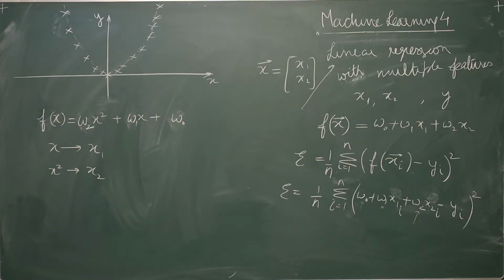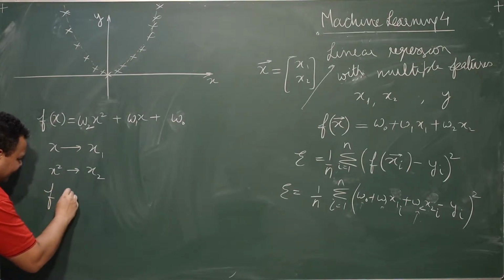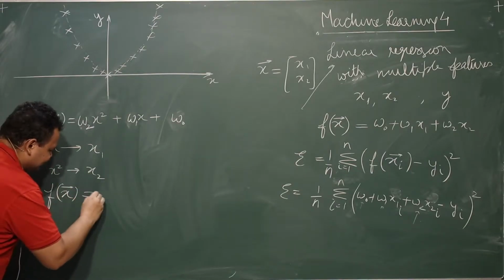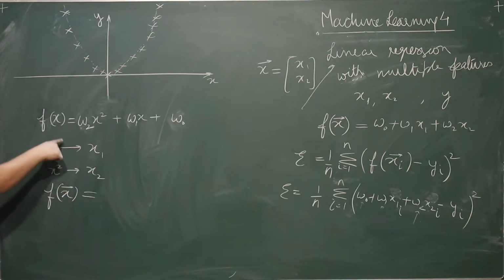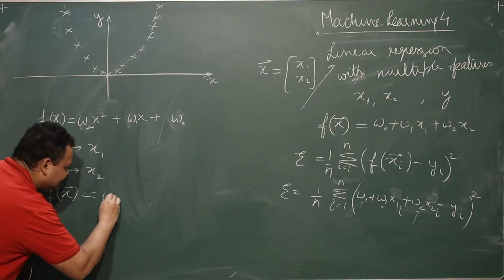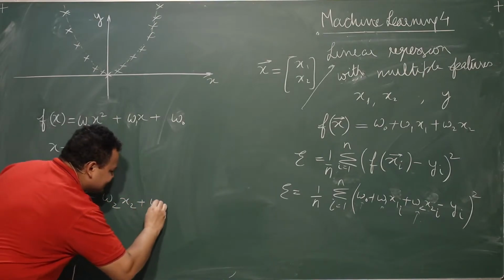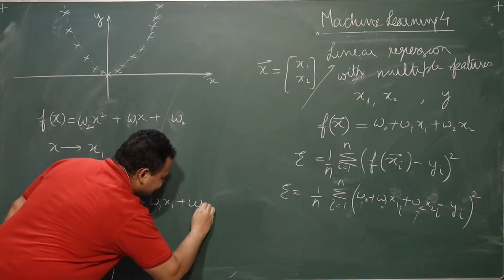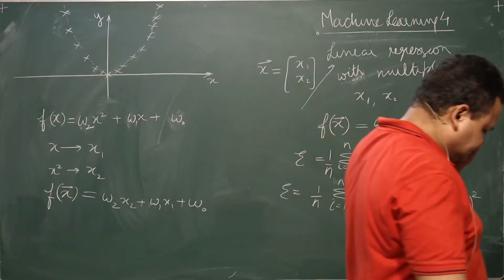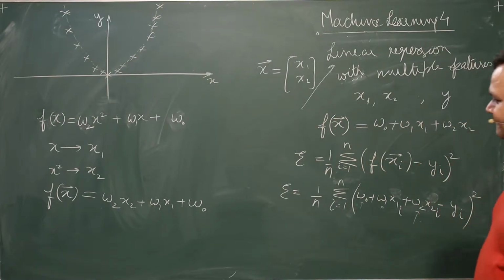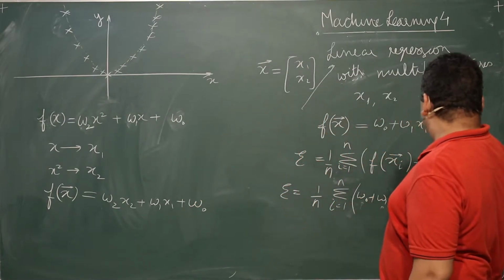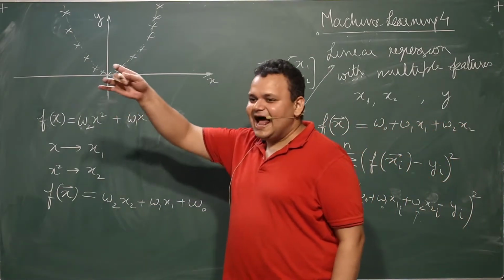So now I can write my function as f(x), where I have again converted from x to the vector x, equal to w2 x2 plus w1 x1 plus w0. Previously I had a set of data.